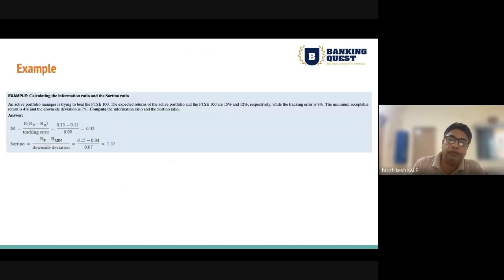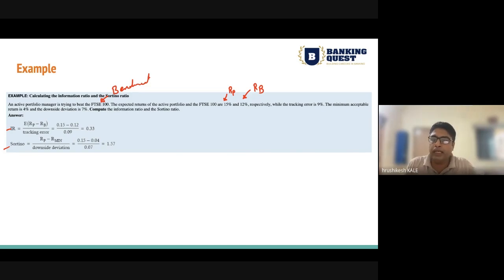Let's take an example. Here is the formula for information ratio. Here is the formula for Sortino ratio. Active portfolio management is trying to beat the FTSE 100. This is your benchmark. Financial Times Stock Exchange, the London Stock Exchange. The expected return of the active portfolio and FTSE 100 are given: this is return of portfolio and this is return of benchmark.